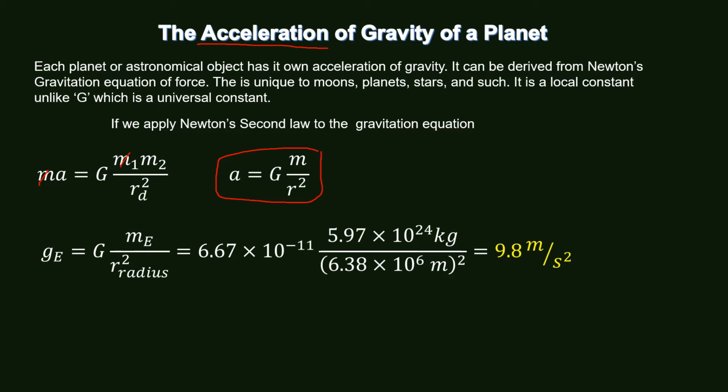So let's plug everything in, and we get 9.8 meters per second squared. And this is true for any planet or moon that you do. You can figure out the acceleration of gravity of that planet or moon. In this case, r is the radius of the Earth.